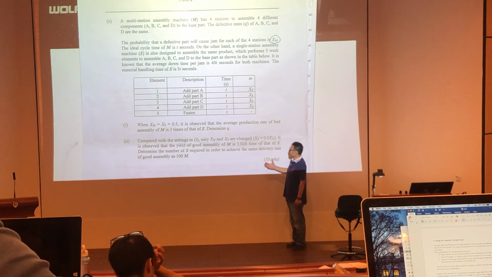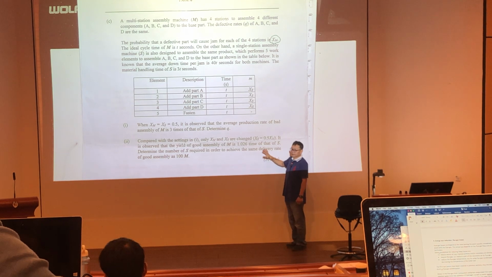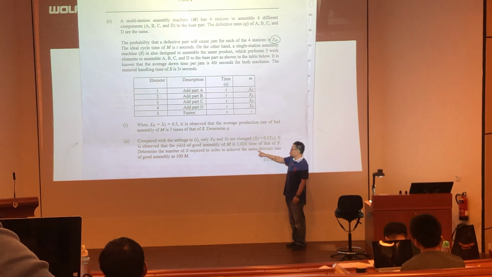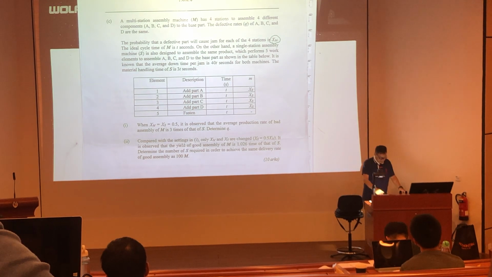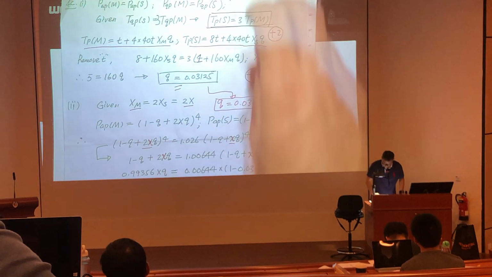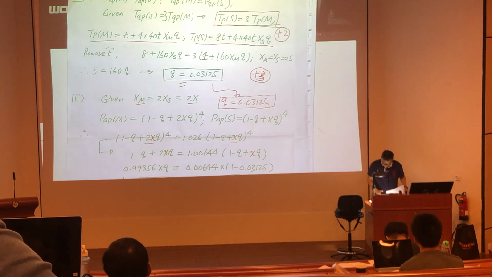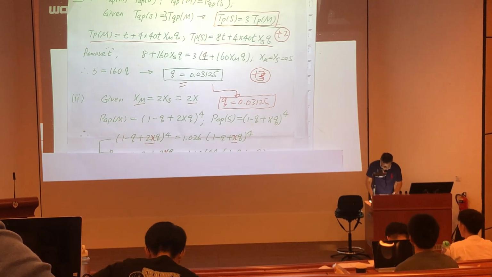The basic thinking is to obtain XS and XM first. And from that, you get the production rate for good assembly for both machines. And then you can find this relationship. So the result we use is this.